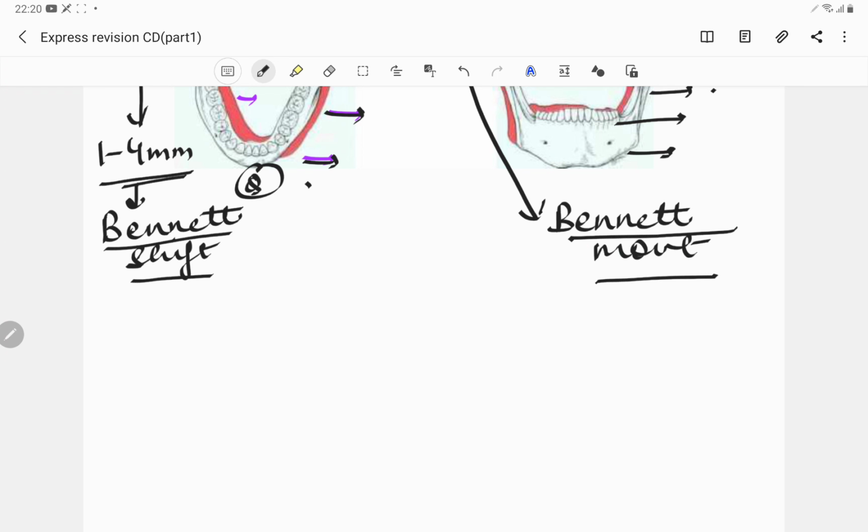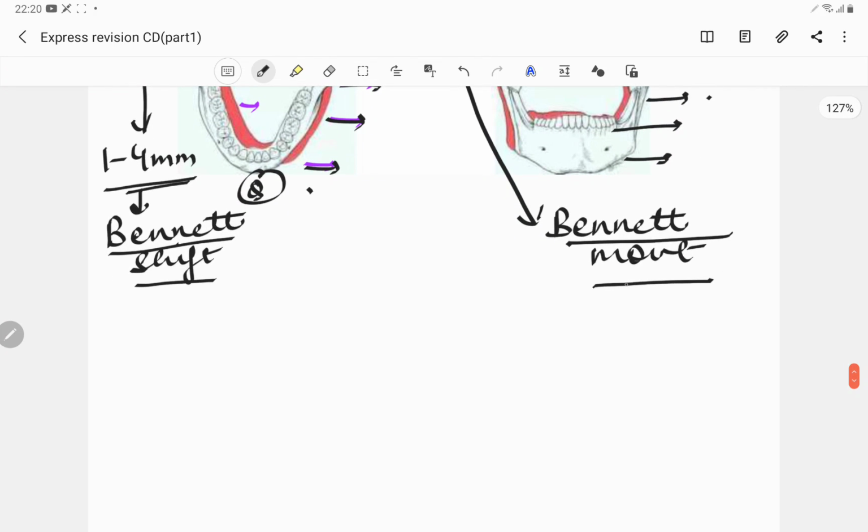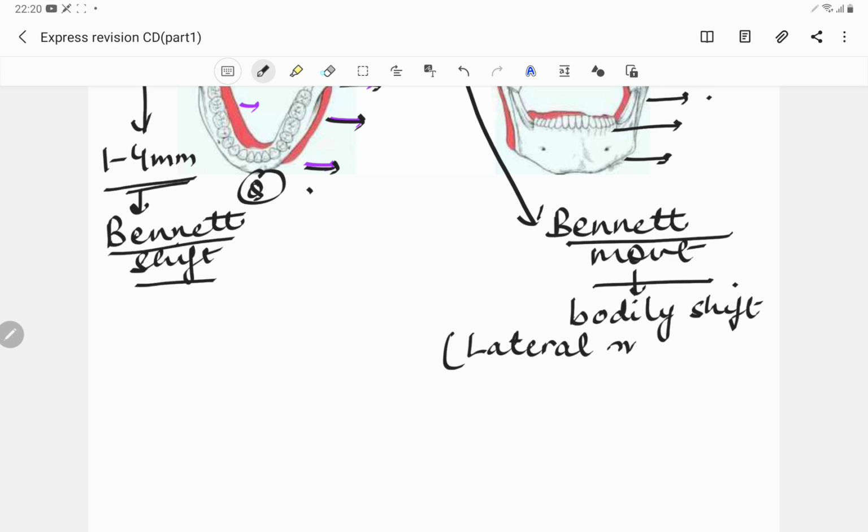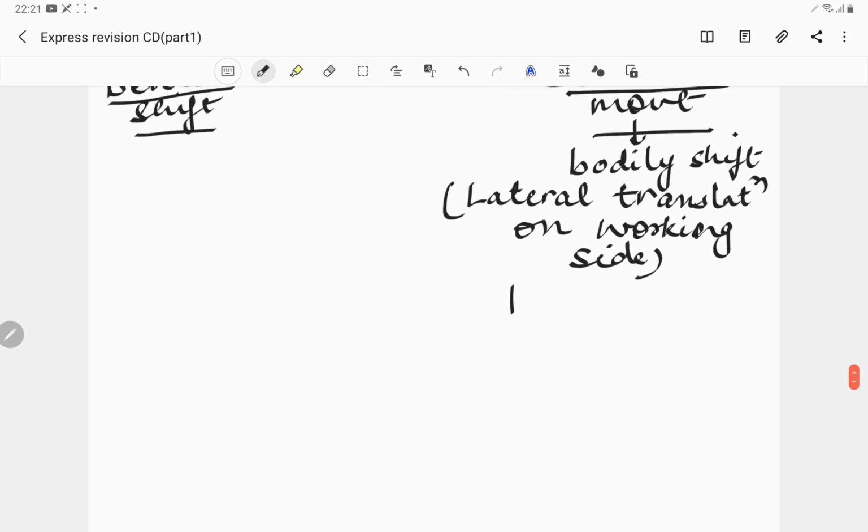So the Bennett movement is the bodily shift, which is due to the lateral translation of the jaw. Because of the lateral movement of the jaw, on the working side is our Bennett movement, and the Bennett movement is 1 to 1.5 millimeter each side.